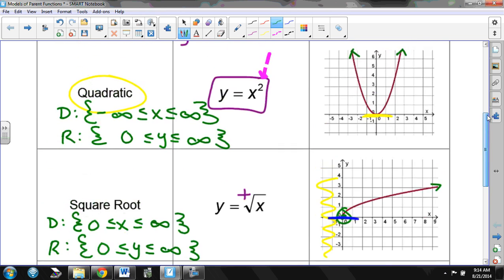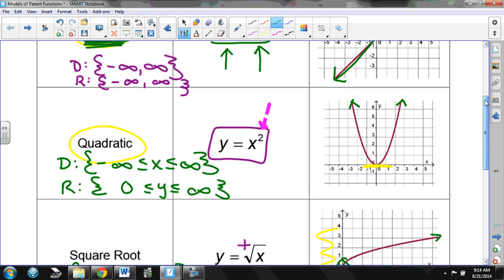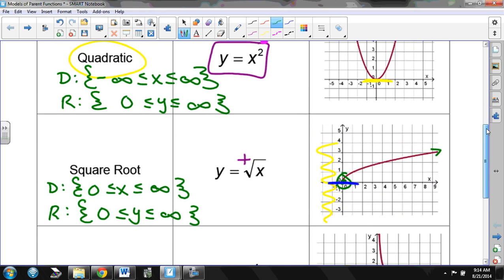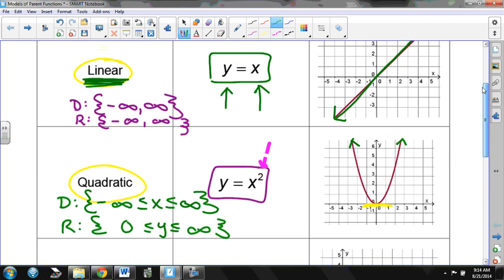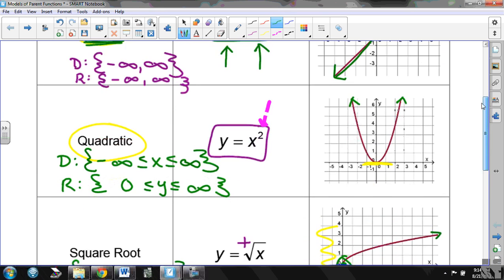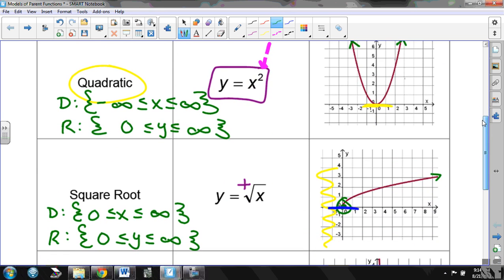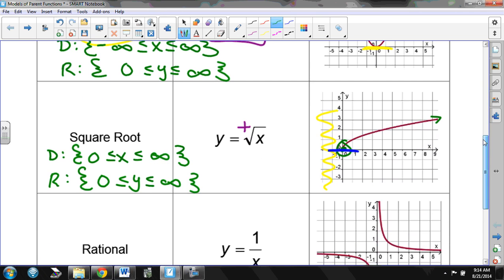If you go back and look at these first three parent functions, the shapes are all different. Linear is a straight line, quadratic decreases and then increases. Square root always increases, and it curves.